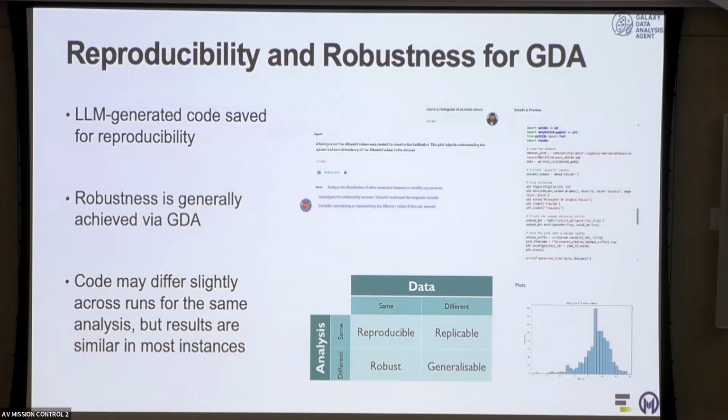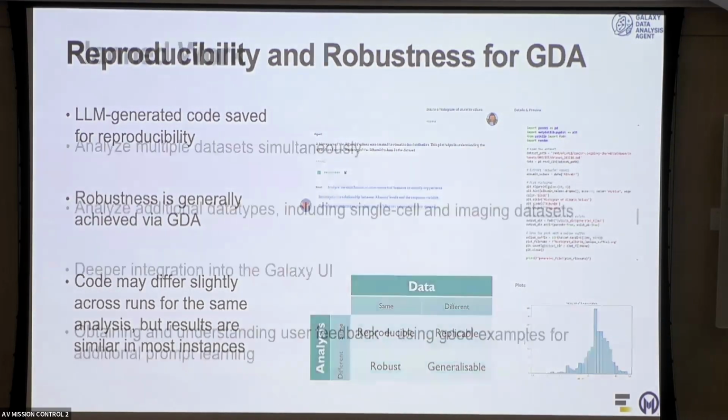Robustness may be our goal in the long term as scientists because we don't want to be dependent on any one method. What large language models allow us to do is test those concepts of robustness because by default, everything is stochastic, which means you're not always going to get the same exact analyses. In some sense, what we're aiming for with this agent is robustness rather than precise reproducibility, although we enable both right now.